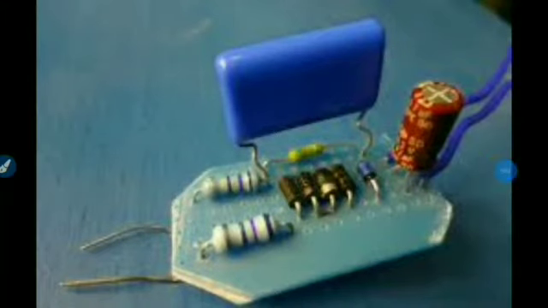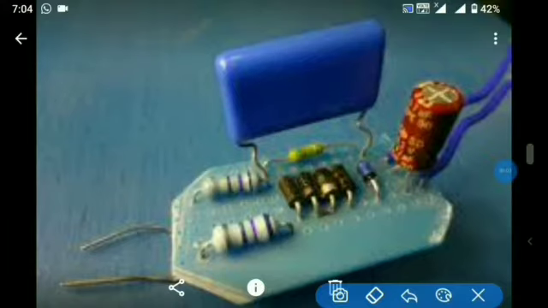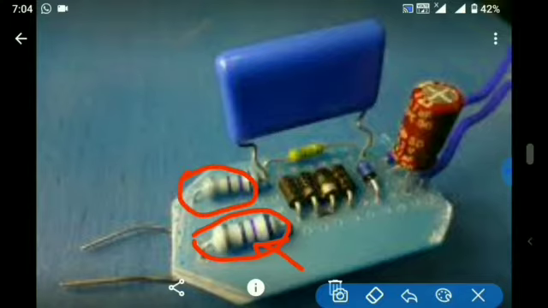Students, you can see a circuit here. In this circuit, this component which has color bands on it, these are resistors. You will study about resistors in the next chapter, chapter number 3. Even this is also a resistor.